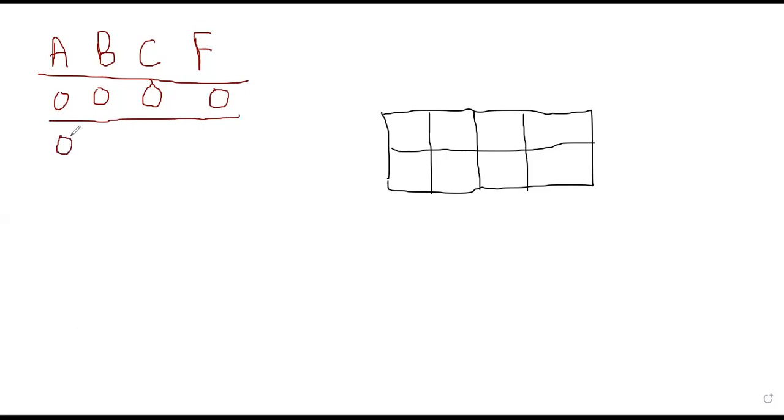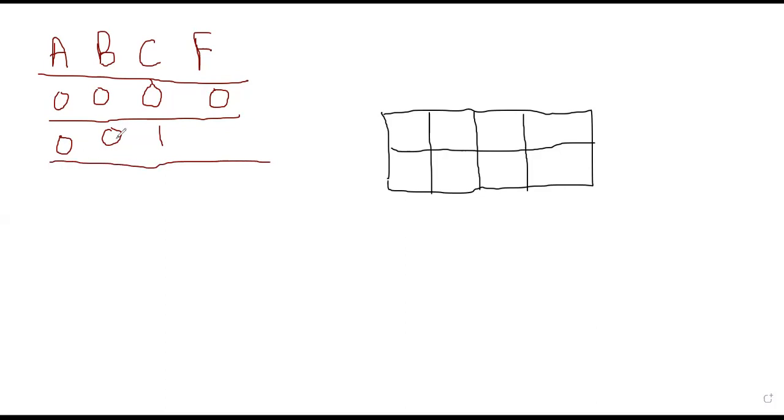Now, second, let's put 0 0 1. What is the output? One. Why 1? Because after combining them, there is still one of them, so the result will be one. Is that right? I'm not sure. First thing to remember: 0 0 1 is basically combining both parameters.